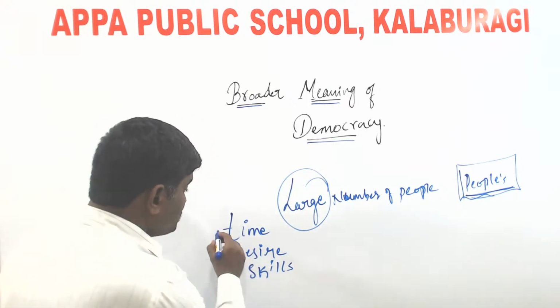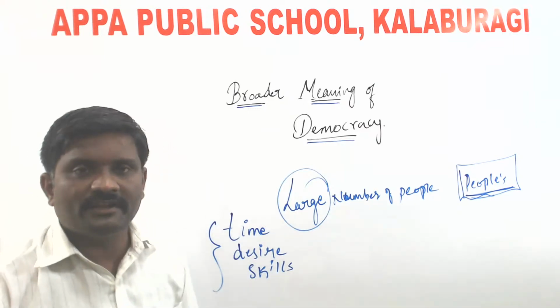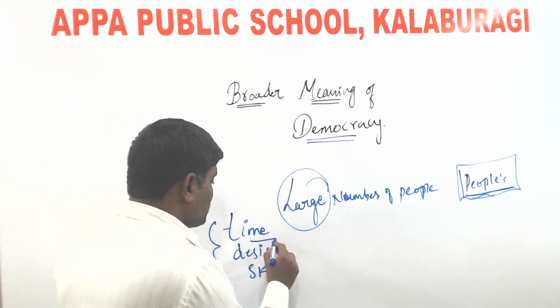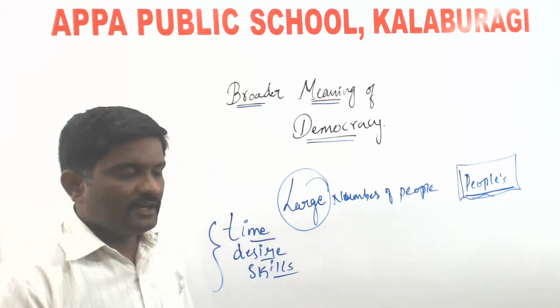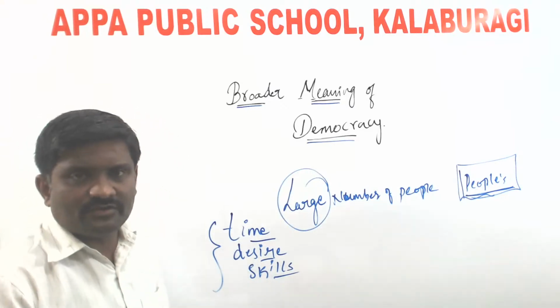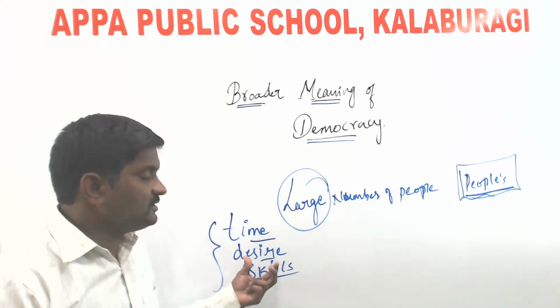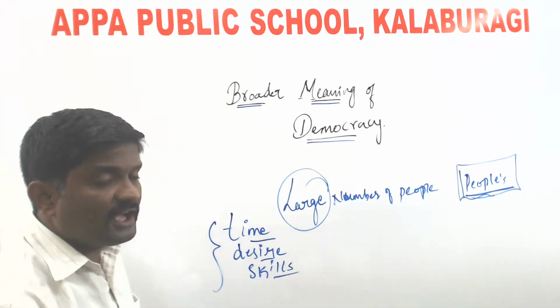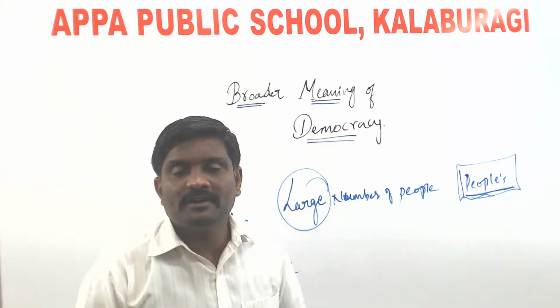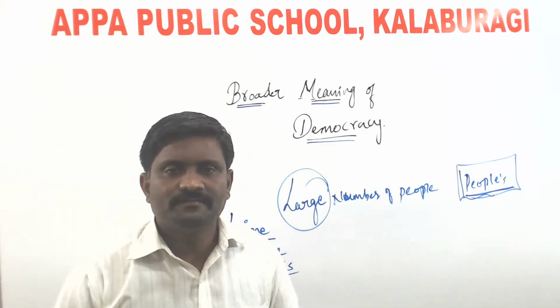So these three are the most important in making a decision: time, desire, and skills. Even if it were possible for them to sit together, sometimes citizens do not have these to take part in collective decisions.